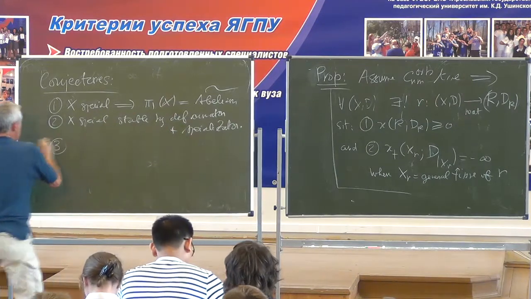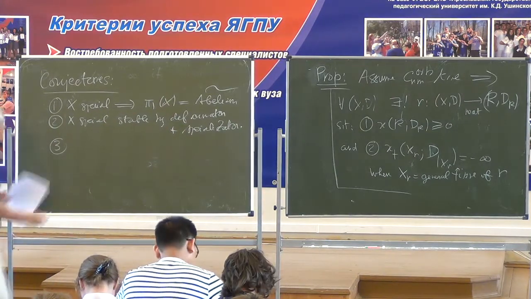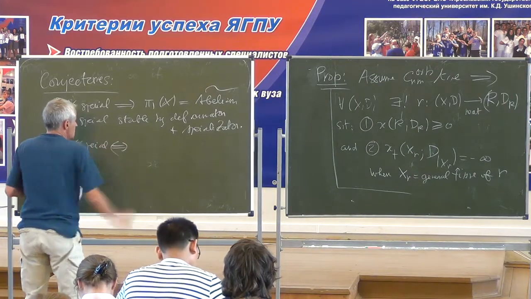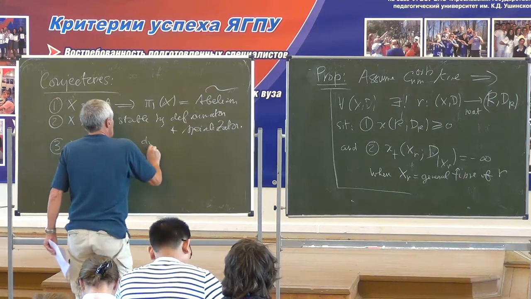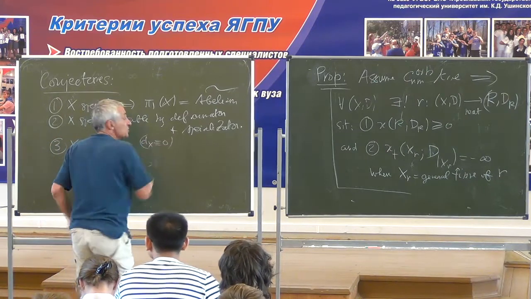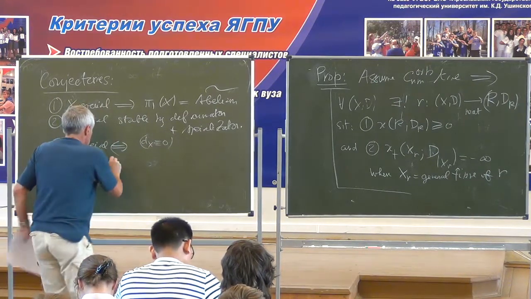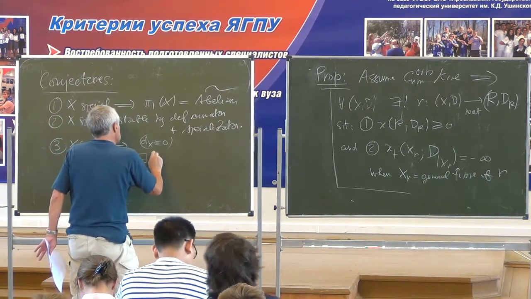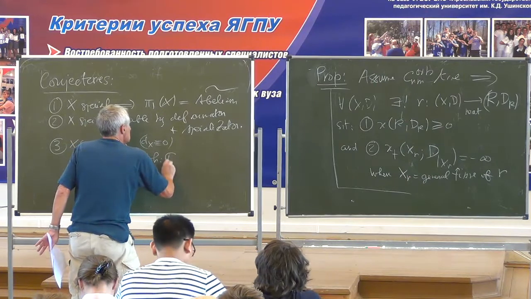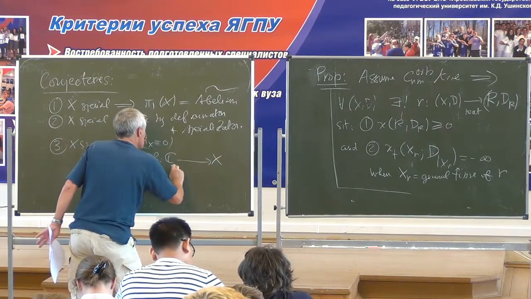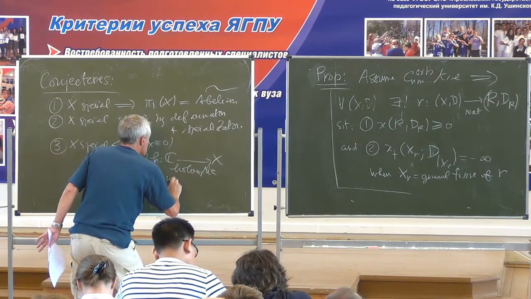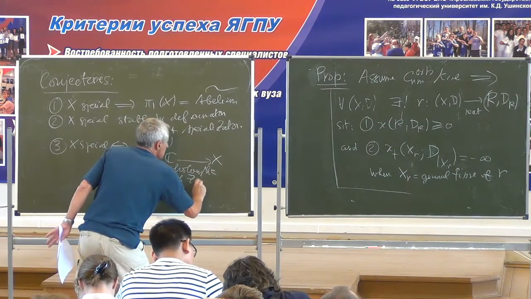And three, maybe more interesting: X is special should be equivalent to, first, the vanishing of the Kobayashi pseudometric, I don't define it, but equivalent to the following thing: there should exist some holomorphic map from C to X with Zariski dense image.